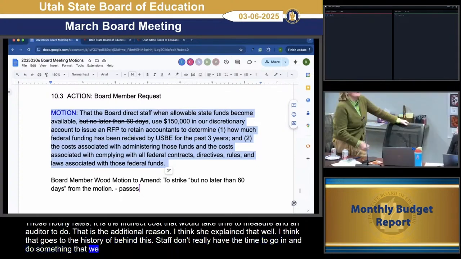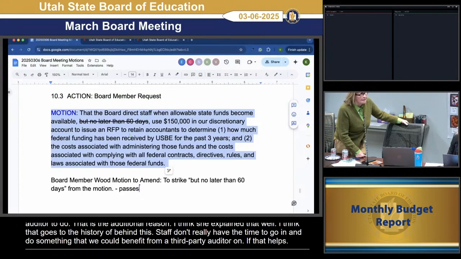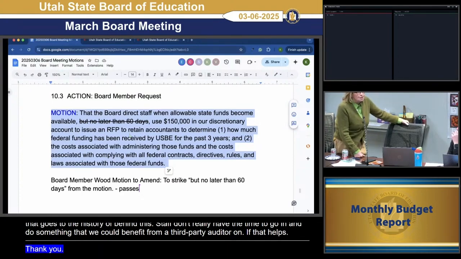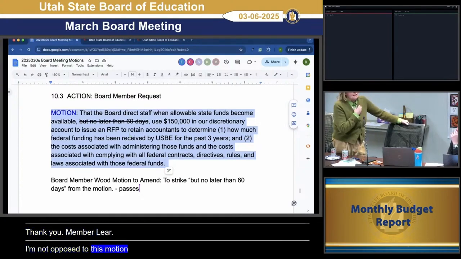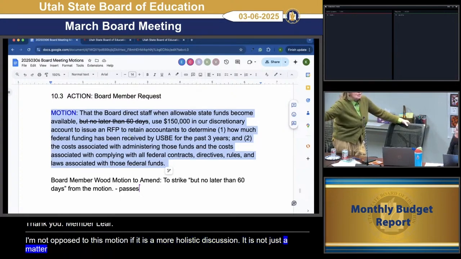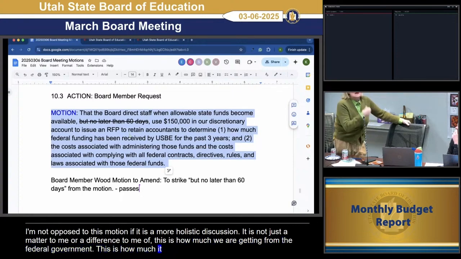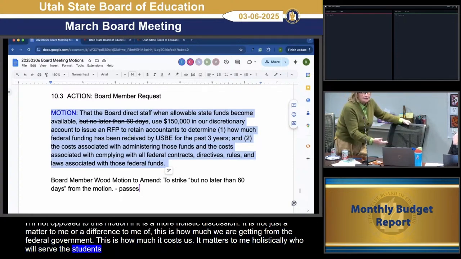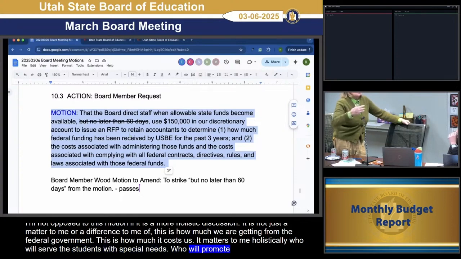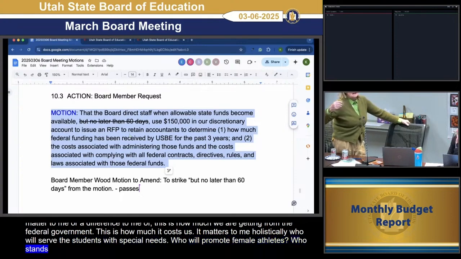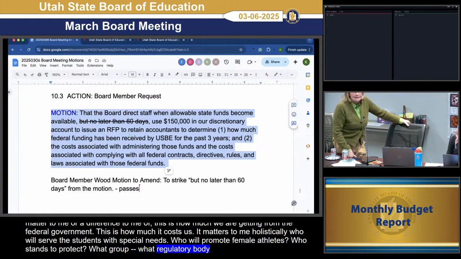I am not opposed to this motion if, and this is a big if, it's a more holistic discussion. It's not just a matter to me of this is how much we're getting from the federal government, this is how much it costs us. It matters to me holistically who will serve those students with special needs, who will promote female athletes, who stands to protect what group, what regulatory body will be created at the state level to make sure that girls have an equal opportunity to participate as boys do?